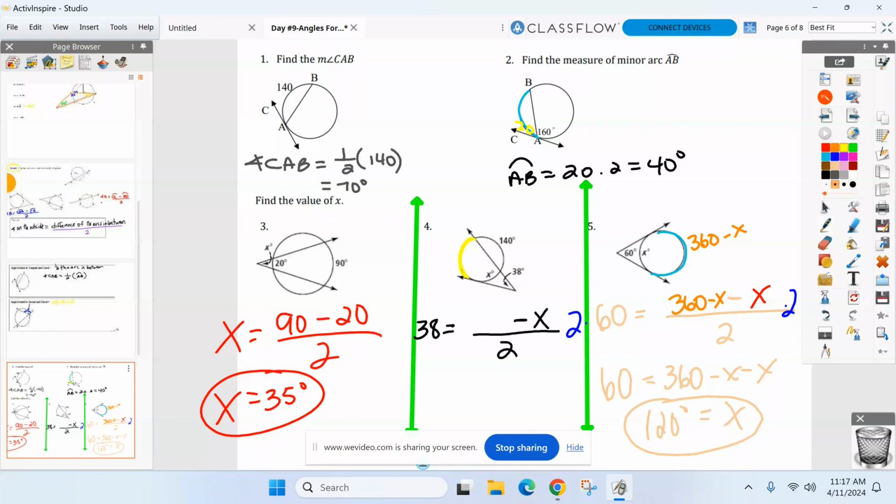Again, now we can play like we did on number 5. If that's x, the rest of it's got to be 220 minus that arc. Okay? And then go ahead and multiply both sides by 2. Do your thing.